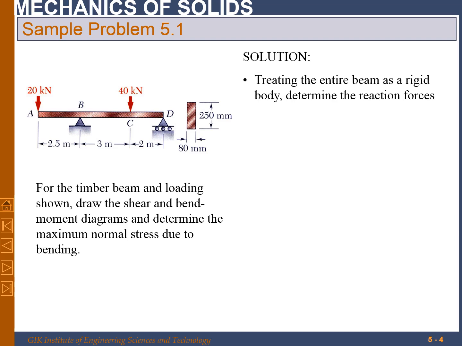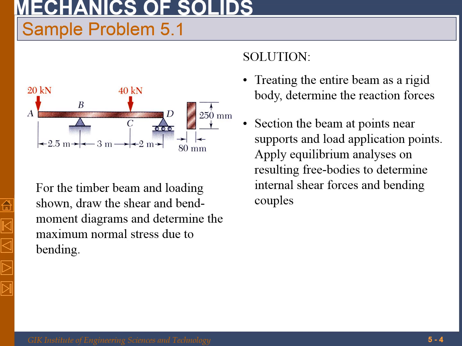So we treat this entire beam as a rigid body, and we will find the reactions at B and D. Then we will take a section at a point near a support and load application point, as shown over here. So we take a section after A, before B, after B, before C, and after C, and we draw the free body diagram and find the internal shear force and bending moment.